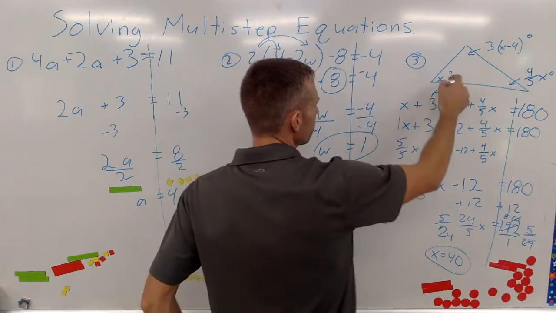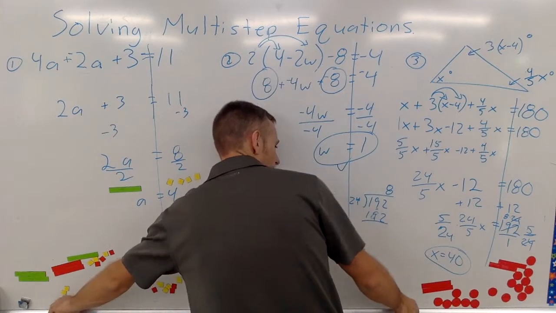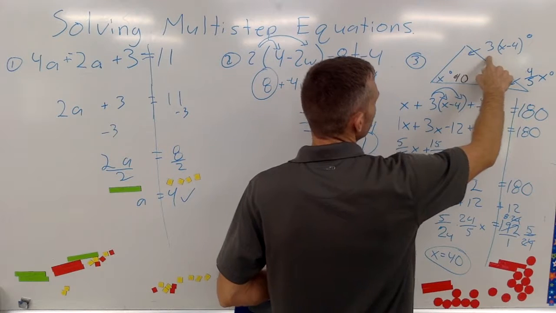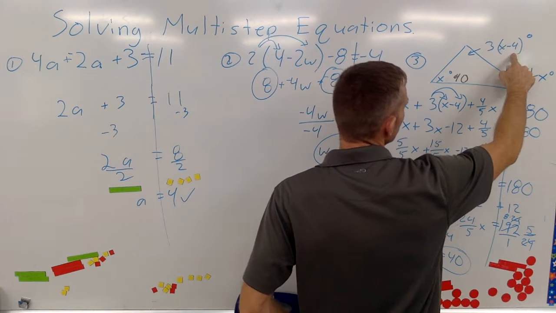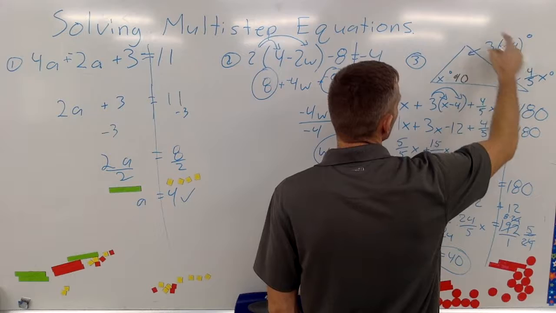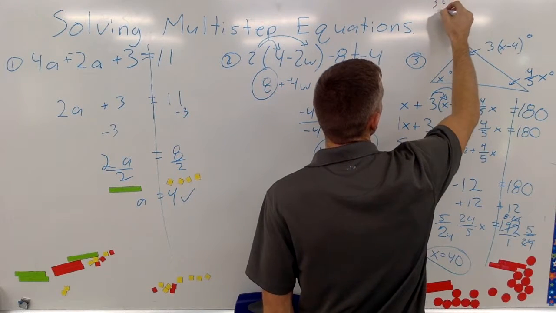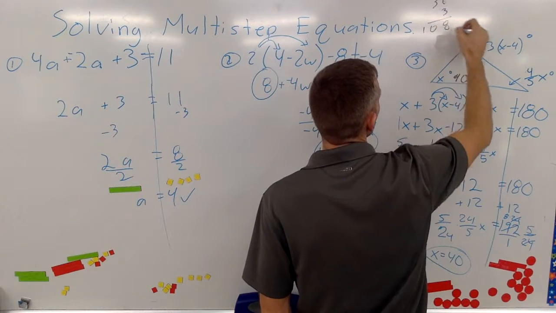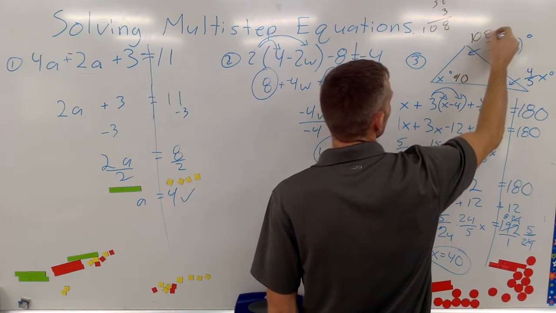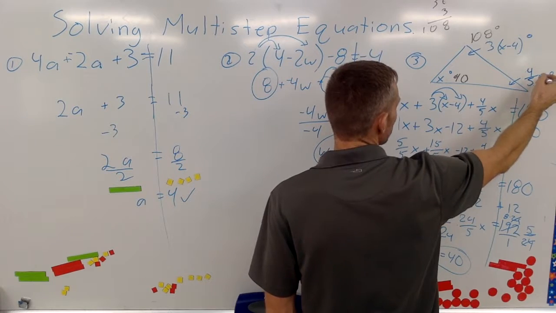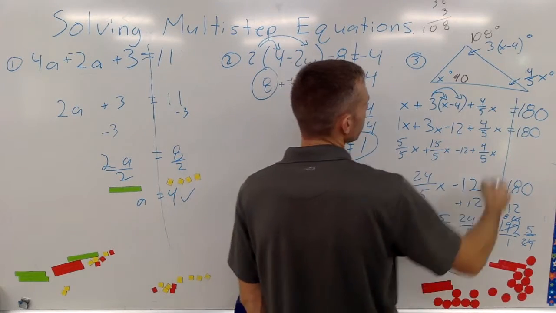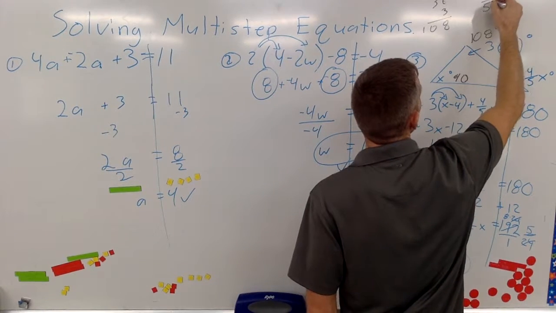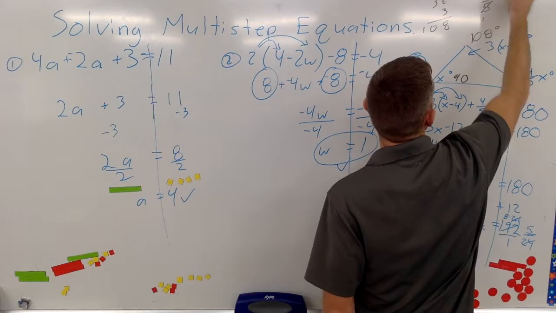So if this is 40, this should be 40 minus 4 is 36, and 36 times 3 is 108, and 4/5 of 40 is what? 32.